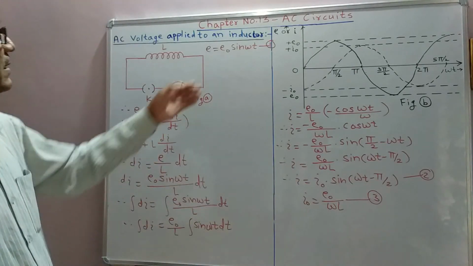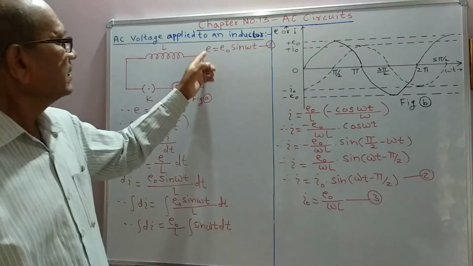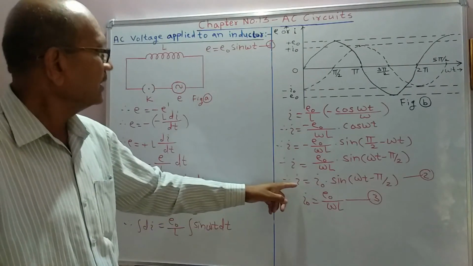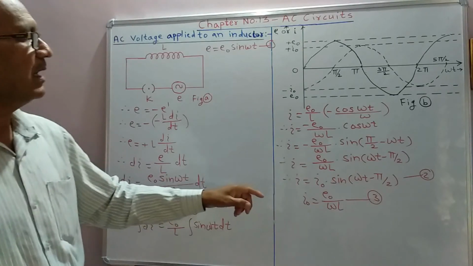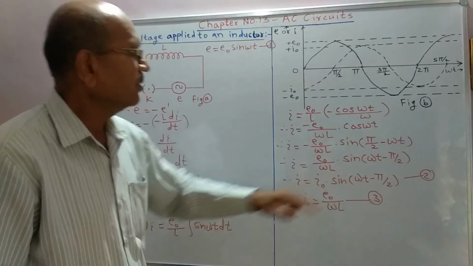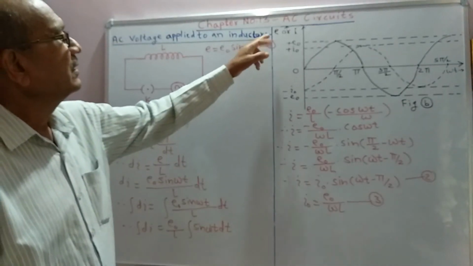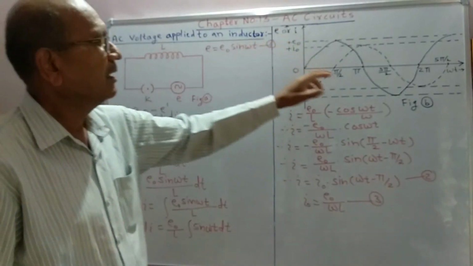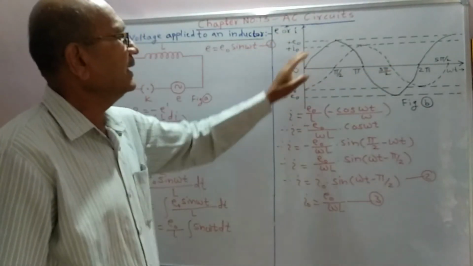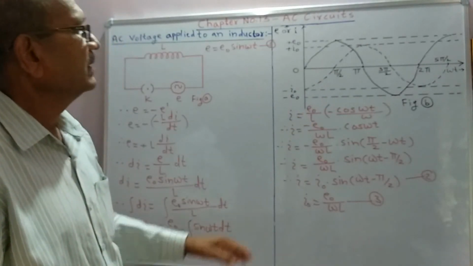Now using equations 1 and 2, we can obtain different values of EMF E and current I corresponding to different values of omega t, and we can plot a graph of E or I against omega t. We get sine curves as shown in figure B.